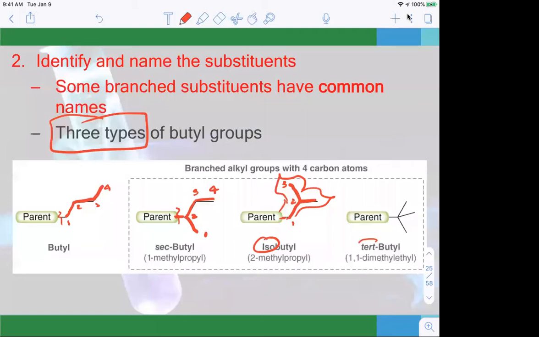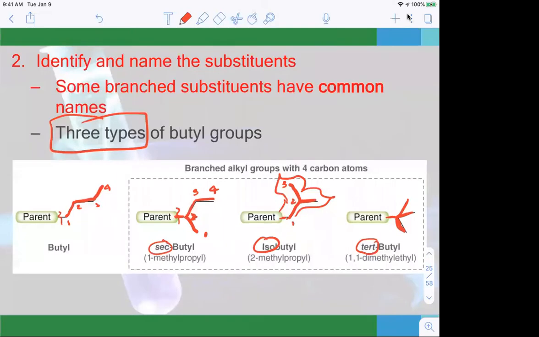This is another example. I have my carbon, and then I have basically 3 carbons that branch, which is called tert. This guy is attached to carbon number 2, which is a secondary carbon, which we'll talk about later. But when it's attached to carbon number 2, it's going to be sec-butyl.